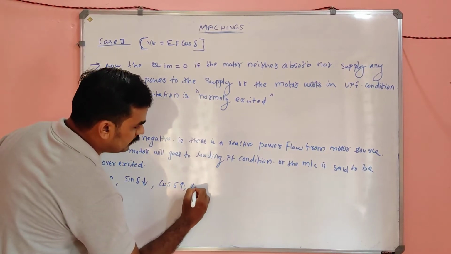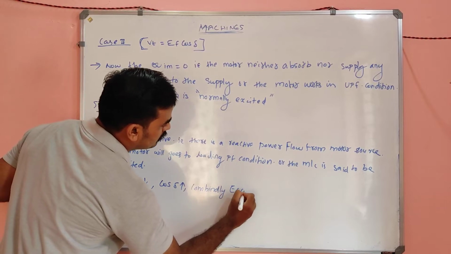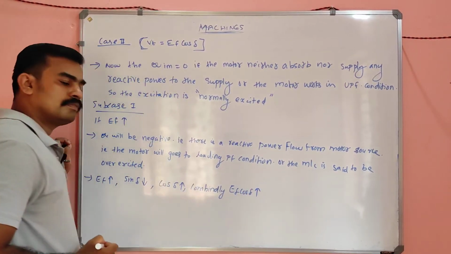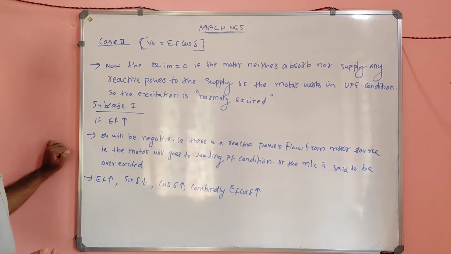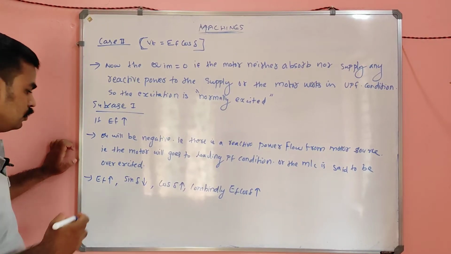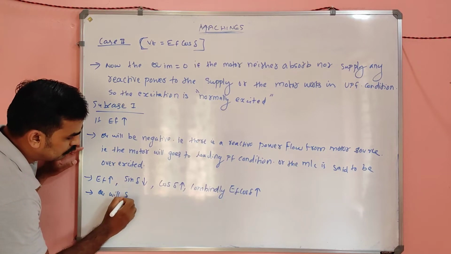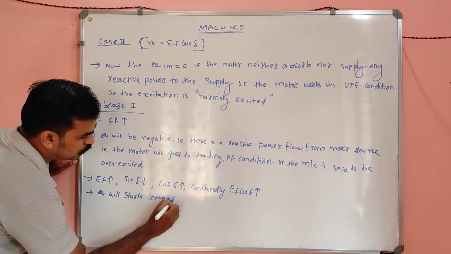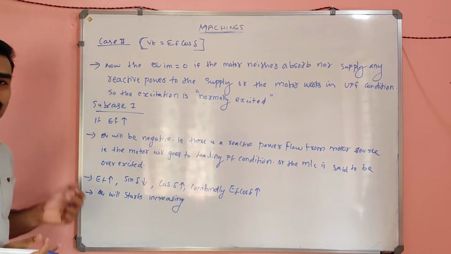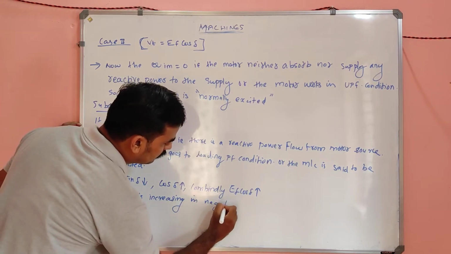So combinedly Ef cos delta increases. If Ef cos delta increases, that will become negative. So you can say that Q starts increasing in the negative direction, because Q was 0 initially.